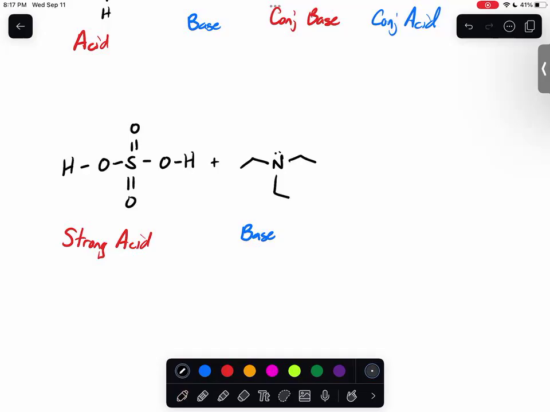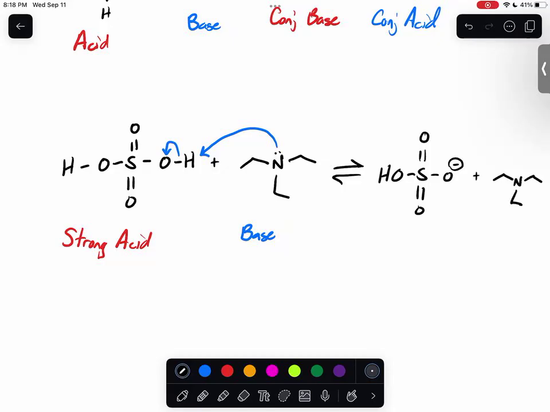So looking at this reaction, the electrons from the nitrogen are going to come over, grab one of those protons, give the electrons to the oxygen, and we're going to end up with the negatively charged oxygen because we just gave it another lone pair, and then the nitrogen is going to be positively charged because it just gained a proton. And so this, of course, is our conjugate acid, and the sulfate ion is our conjugate base.